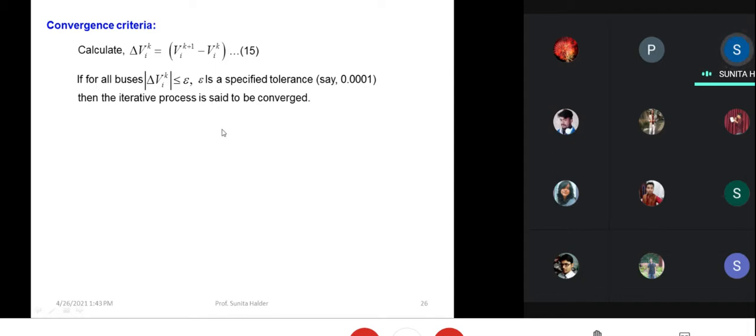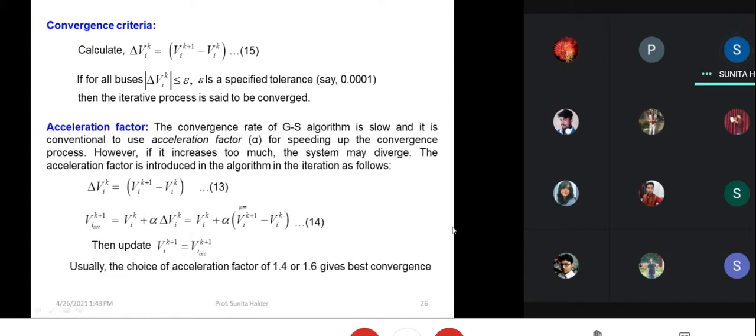So for that reason, one factor is adopted here, called the acceleration factor. The acceleration factor is used to accelerate the iteration. Actually, the deviation is increased to some extent. At first the deviation is calculated, then the updated value is written as the previous value plus the deviation multiplied by alpha.